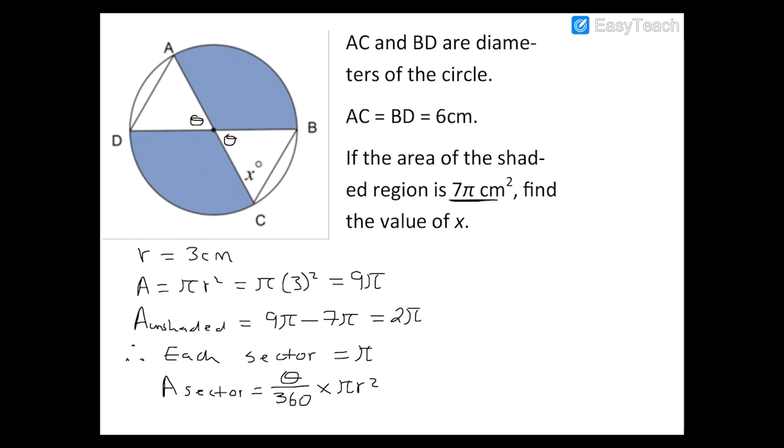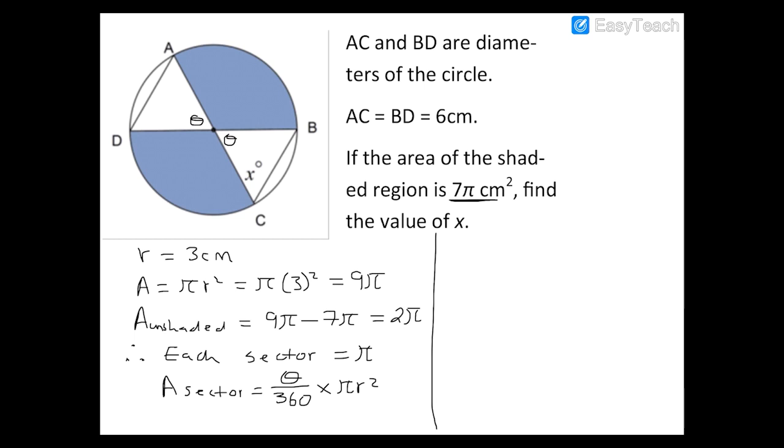Okay, so this is how you calculate the area of a sector. Now, we know that each sector has an area equal to pi, so we can equate this to pi because we know the radius already and we can find the angle theta.